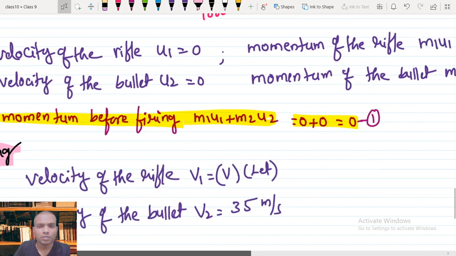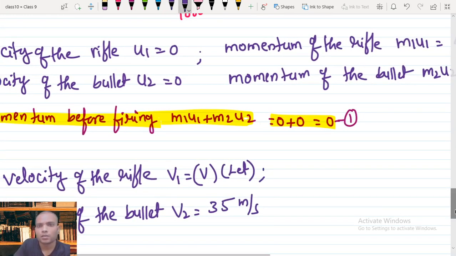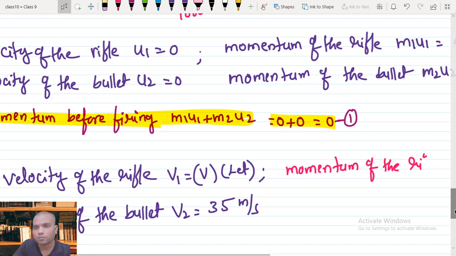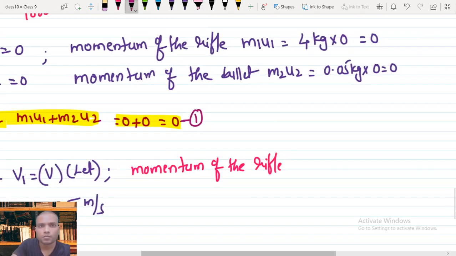Now if you know the velocity, let us try to calculate the momentum. Therefore, the momentum of the rifle, formula m1v1.